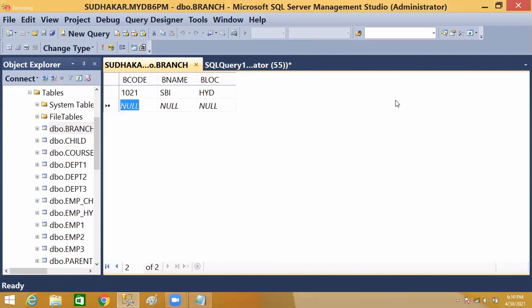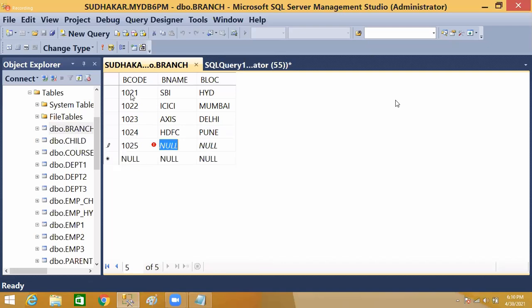Like 1022 ICICI, and I will take Mumbai. Next 1023 Axis Delhi, and 1024 HDFC Pune. So 1025 Bank of India, Chennai.